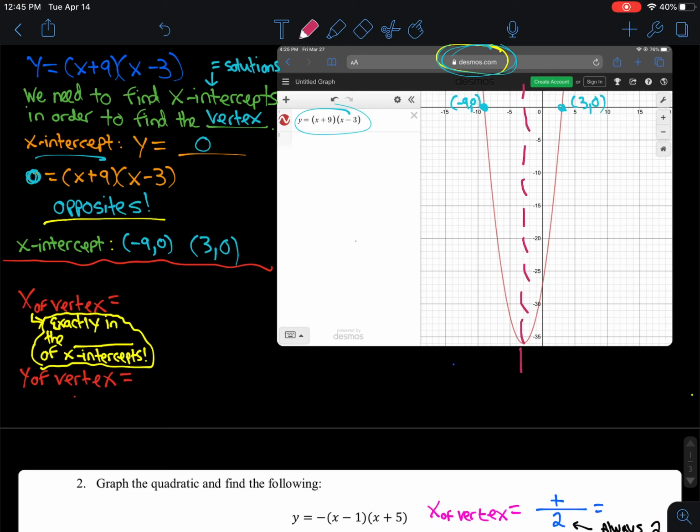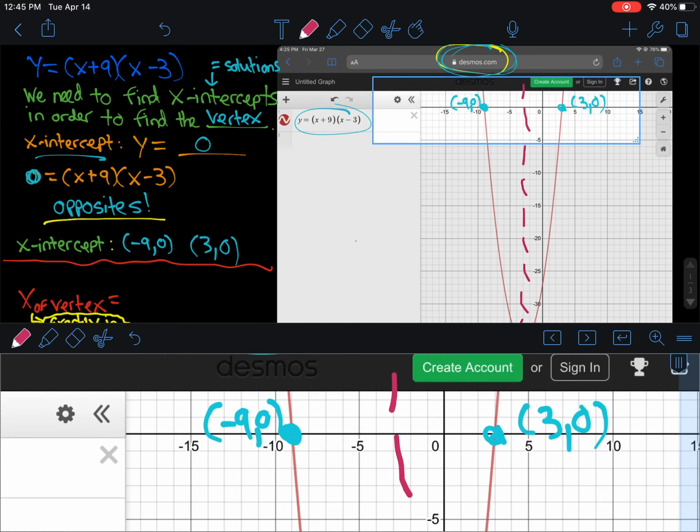On the axis of symmetry is the vertex. That's where my x of the vertex is going to be. And if you count the squares, 1, 2, 3, 4, 5, 6, 1, 2, 3, 4, 5, 6, it is exactly in the middle of my x-intercepts. And it's always going to be the case because parabolas are symmetric.